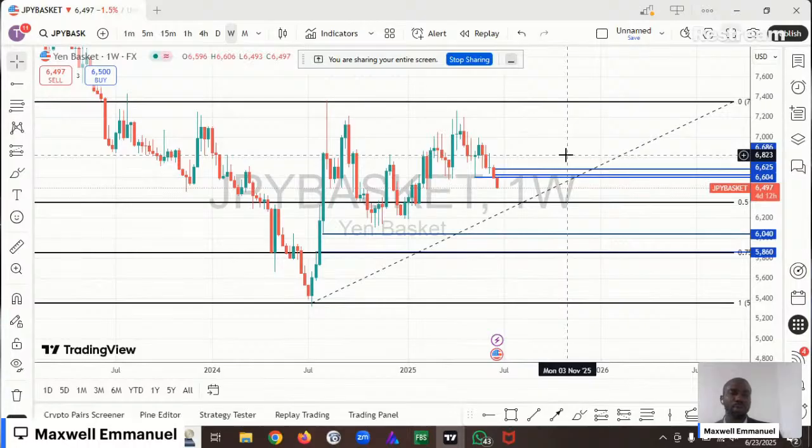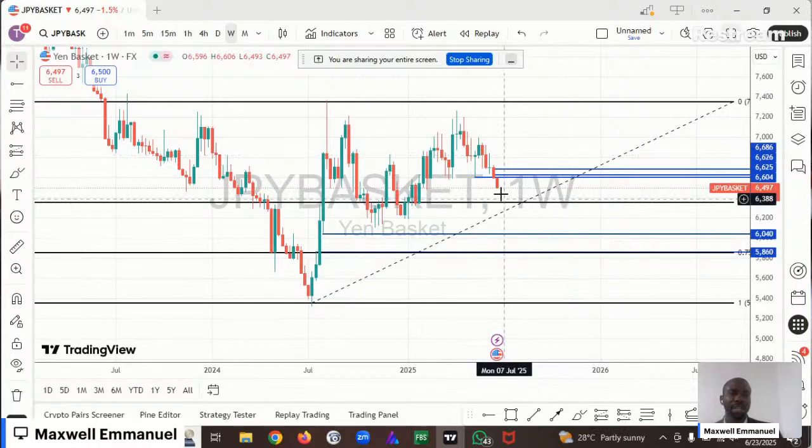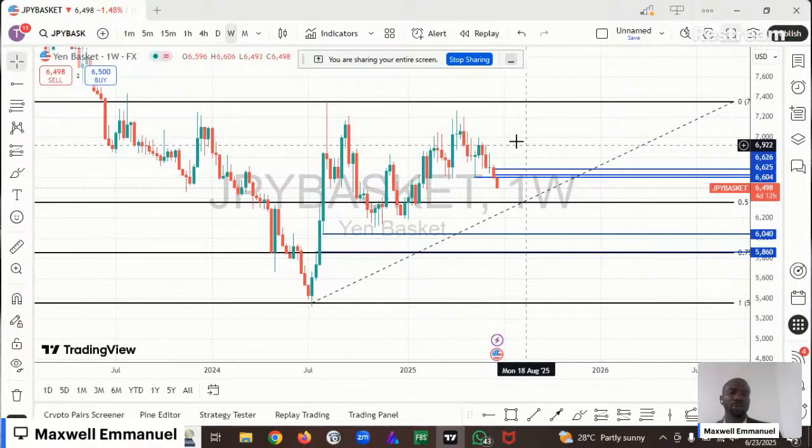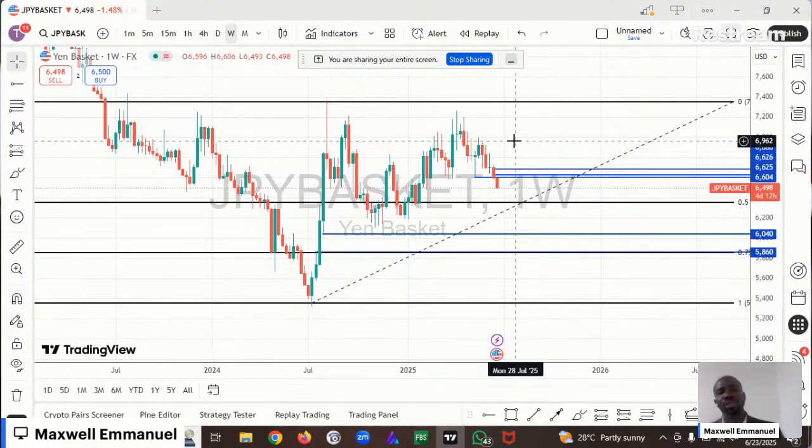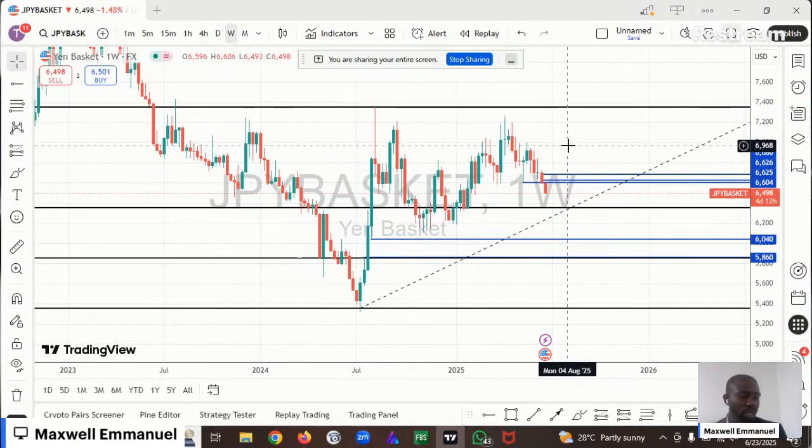When yen drops to this zone, you'll be looking for sales on JPY pairs. But at the moment, yen is bearish. I hope that is clear.